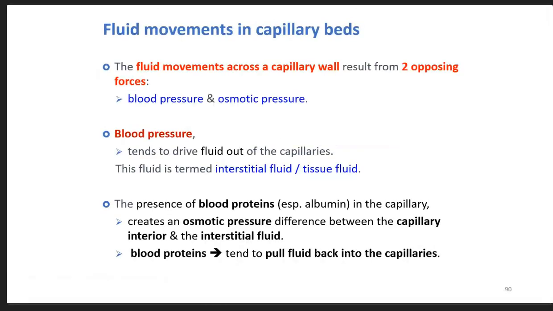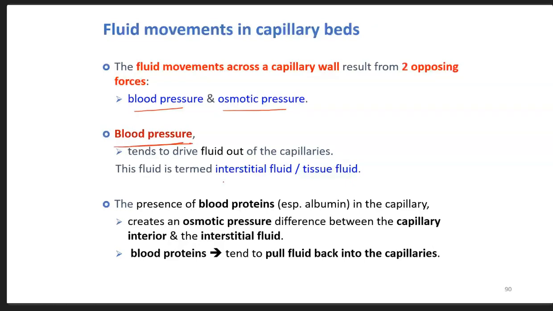The fluid movement across a capillary wall results from two opposing forces, which are blood pressure and osmotic pressure. Blood pressure tends to drive fluid out of the capillary. This fluid is termed interstitial fluid or tissue fluid.